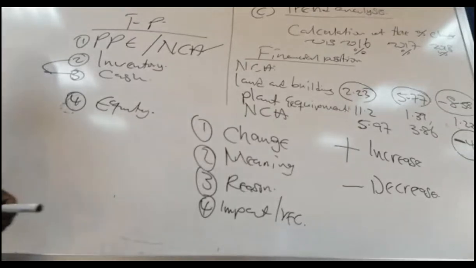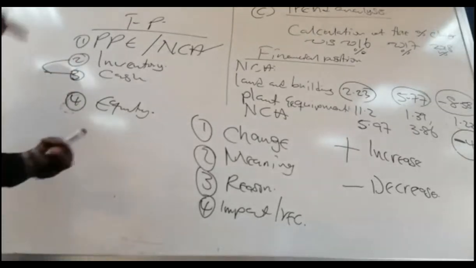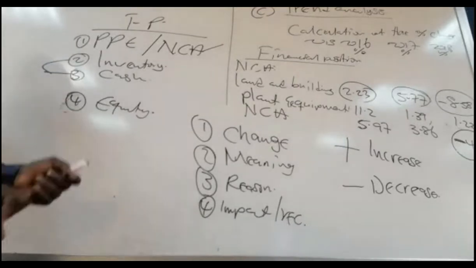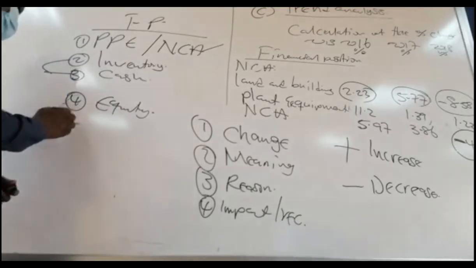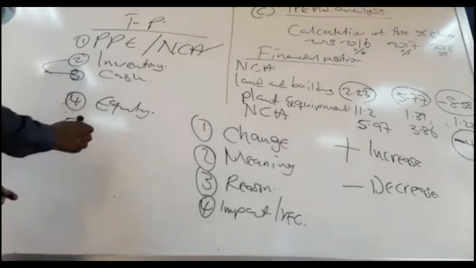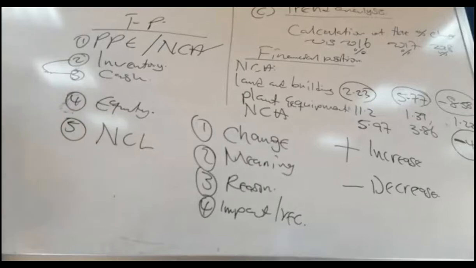Now, if the stated capital has not moved but the equity itself has increased, it means that it is as a result of the other components of equity, that is, retained earnings or revaluation, which has caused the equity to increase. Then number 5, check whether the non-current liability is going high. We are done. These five points should be okay for explanation.